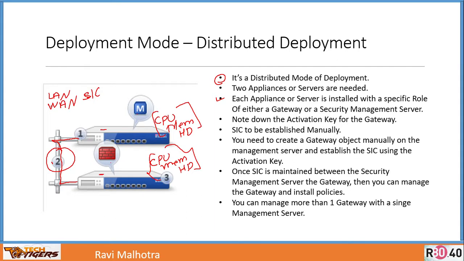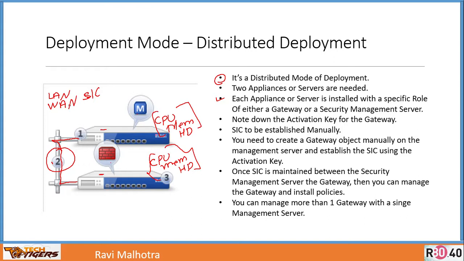And I said that a firewall can be connected to the management server over a LAN or over a WAN; it does not matter. But if it is a distributed deployment, then SIC will have to be established. In order to create SIC, you need to create a kind of password, a numeric identifier. You need to tell the management server that this is the numeric identifier of the firewall.